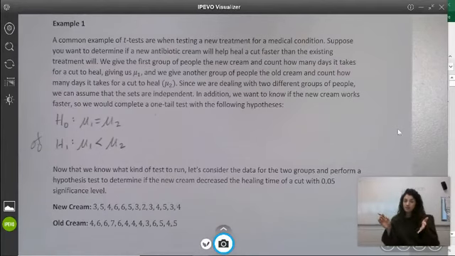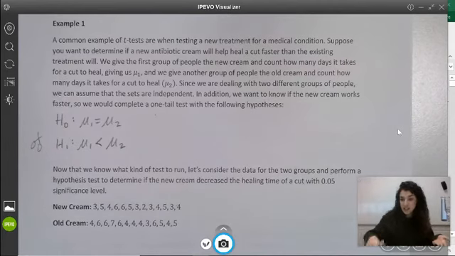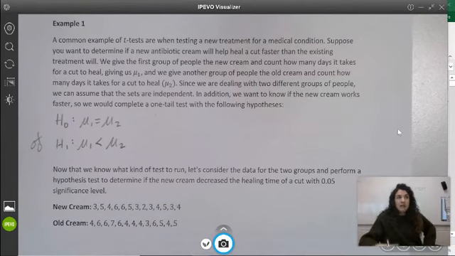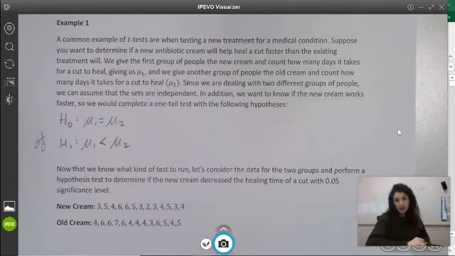And then the alternative hypothesis from that, you need to determine whether it's a one-tailed or a two-tailed. If there's any indication, like we are predicting that it's going to be faster, or we're predicting or hoping that the averages are going to be greater, that type of wording in the problem is going to indicate what your alternative hypothesis should be and whether it's going to be one-tailed or two-tailed.